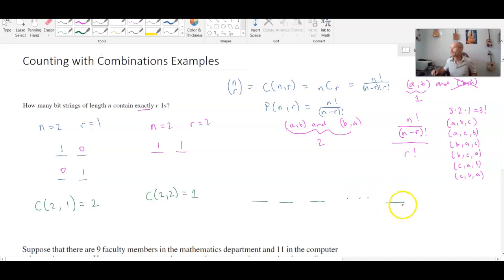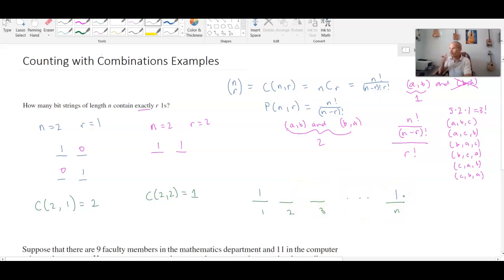You have n spaces. So this is position 1, position 2, position 3, all the way up here to position n. So to get exactly r ones in there, let's say 2 of them, well, the 1 could be here and here, or the 1 could be here and in slot 3, or it could be in any one of these all the way up to this nth one.